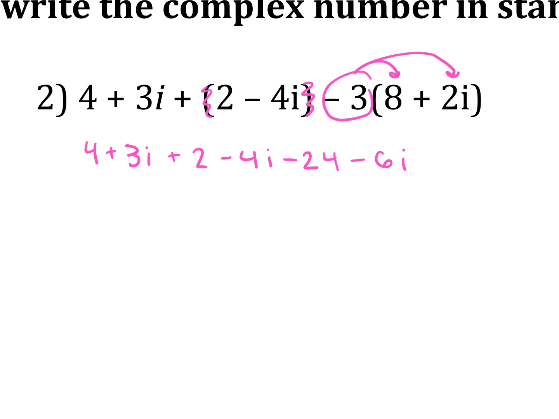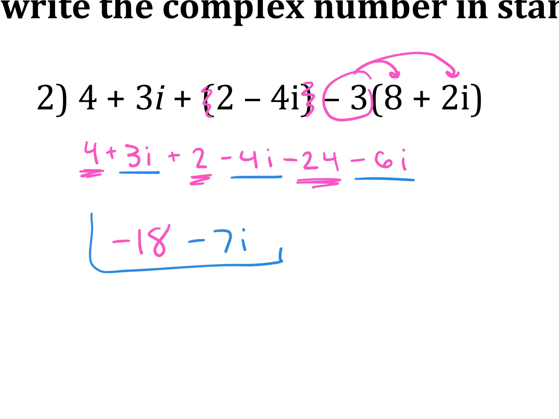And then I can just combine my like terms. So I'm going to combine all the real numbers first. I have 4, 2, -24. So that would be -18. And then I can combine all my imaginary numbers. So 3i minus 4i minus 6i, -7i. And that's my answer.